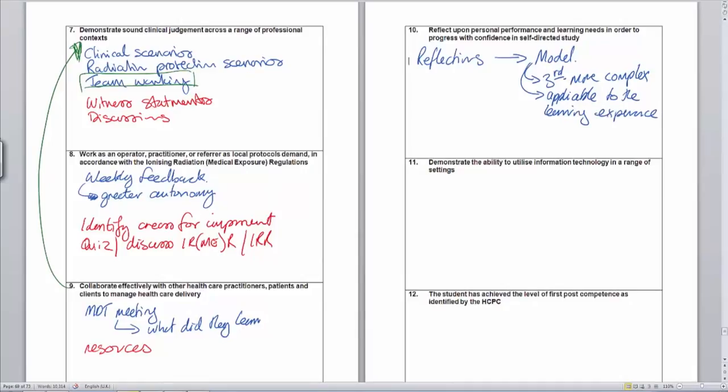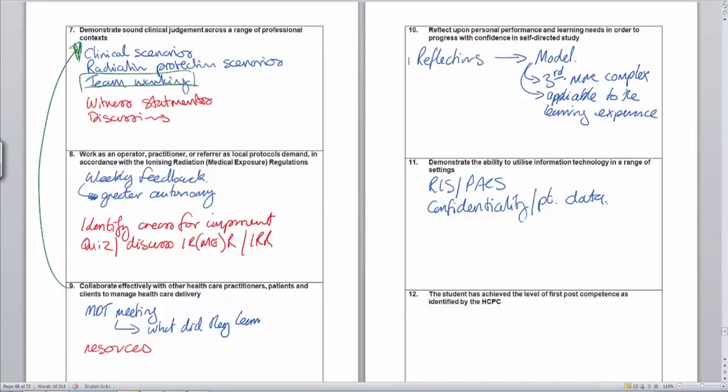The ability to utilize the IT, so this will be things like using the RIS and the PACS. You can quiz them on things like confidentiality, patient data, all of those sorts of things should really be interrogated in that one.